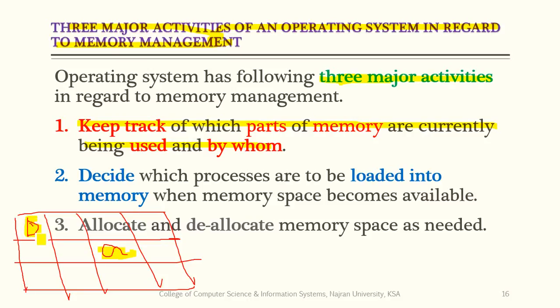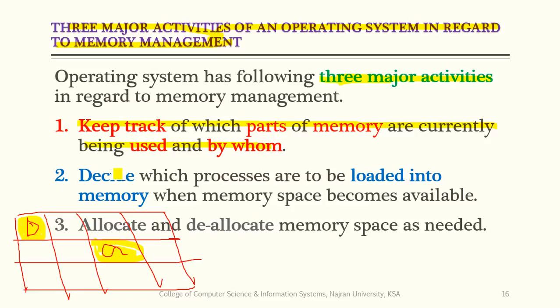Of course each has some memory address. Who is using this one? The variable b. Suppose b is a variable. And who is using this block? Variable a. So it is the responsibility of the operating system to keep track of which part of memory is currently being used and by whom.